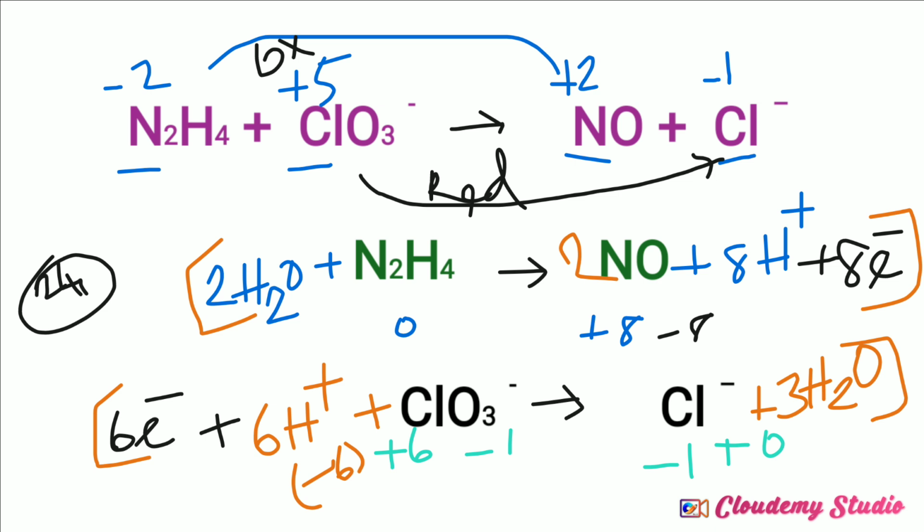The oxidation reaction has 8 electrons, so 3 times 8 is 24. The reduction reaction has 6 electrons, so we multiply by 4 times, 4 times 6 is 24. So we need to multiply the oxidation reaction by 3 times and the reduction reaction by 4 times.